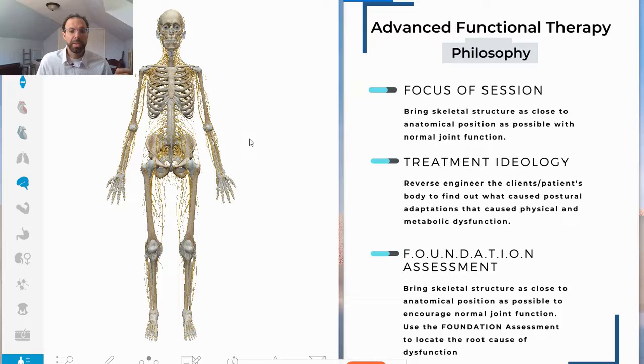So in the next series of videos, I'm going to go through the foundation assessment, and we will go into detail of how I really look at each patient, how I break it down, and how you can use this assessment to reverse engineer and really get enough data so that you can build a plan out into the future to know exactly what to focus on to expedite their health and to get them to a place where they are in an environmental state to recover much more quickly, much faster, and you're doing less physical work on your end.